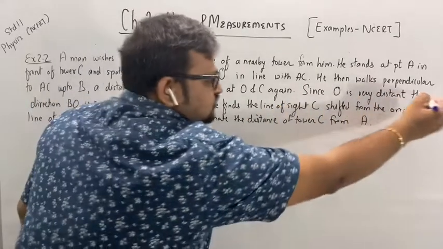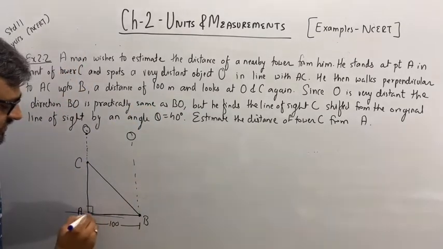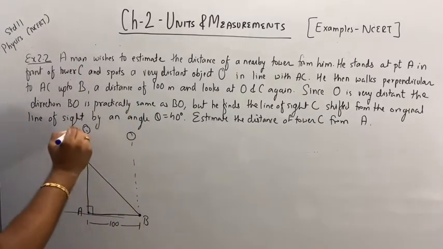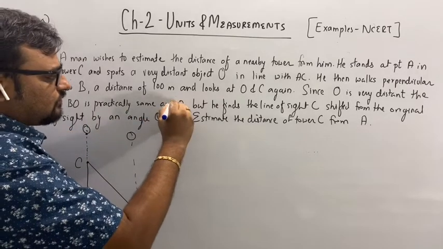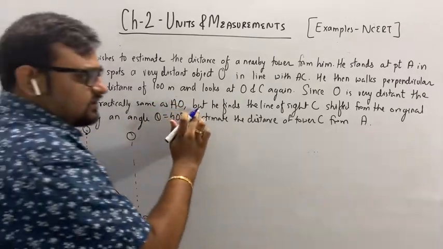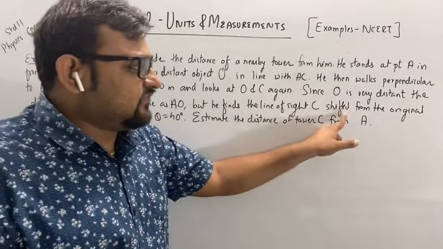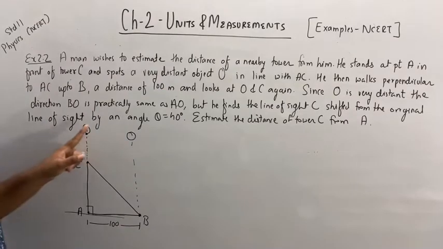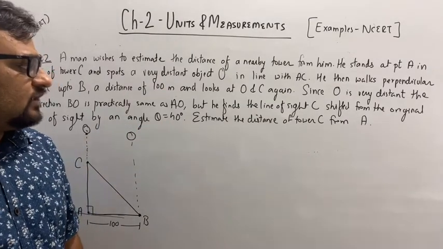See here. Since O is very distant, the direction BO is practically the same as AO. See, BO and AO, both are the same. Clear? But he finds the line of sight to C shifted from the original line of sight by an angle theta equal to 40 degree.